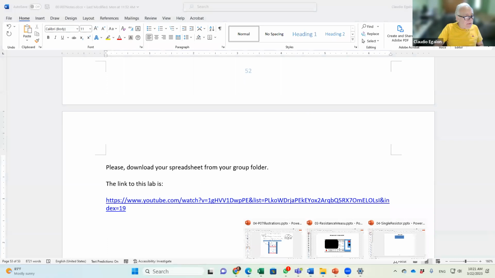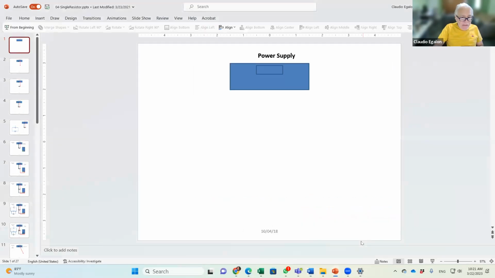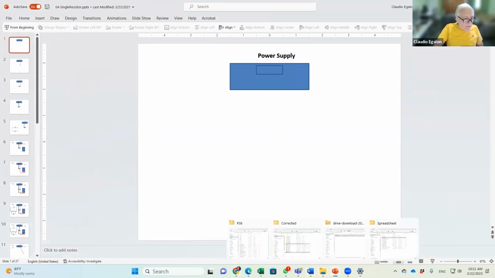Now let's go here. I don't need this one, but I need this one here. I'm going to walk you through how we do this experiment.